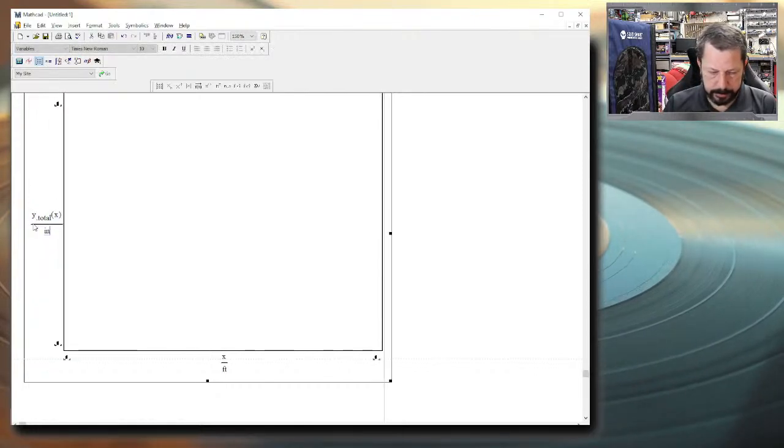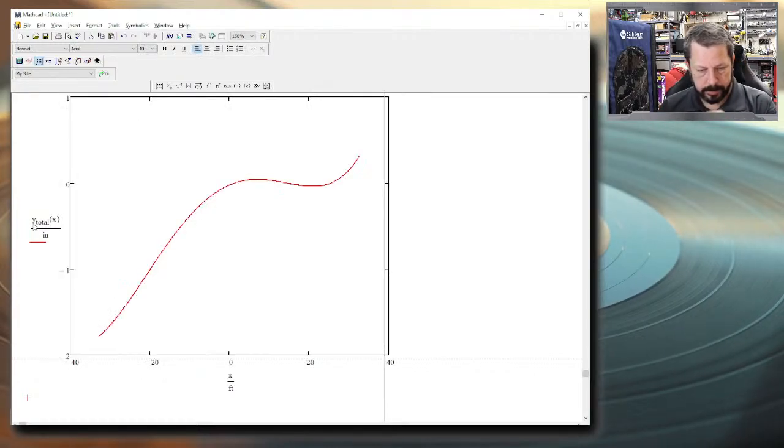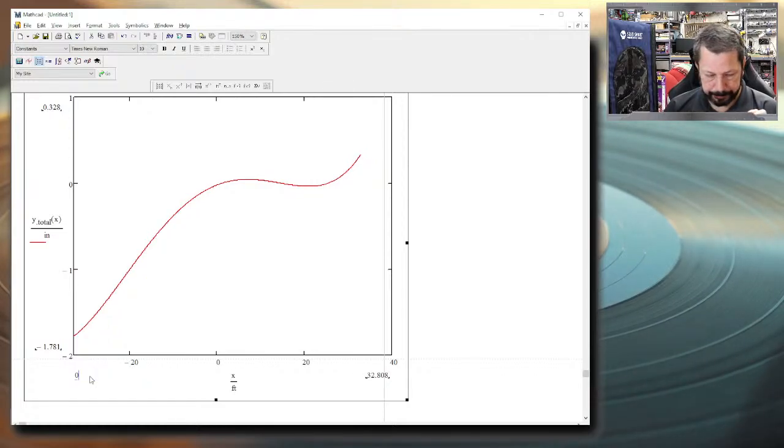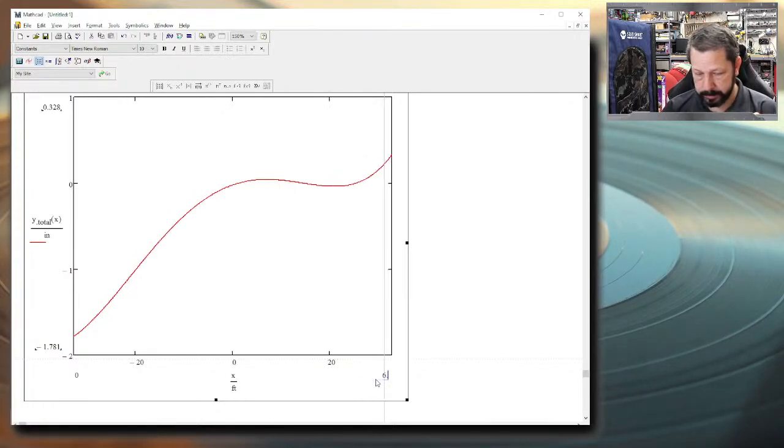I'll use units of inches. Got some weird shapes going on here, but it's plotting way out here at negative 40 feet. So let's change. Our equation is only good from x equals 0 to x equals 6.4.